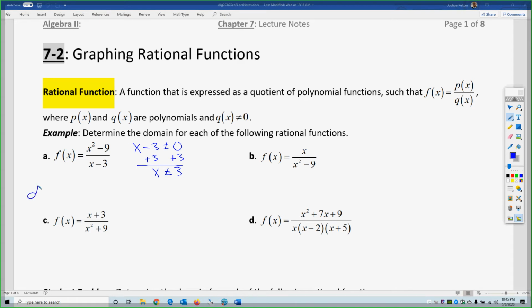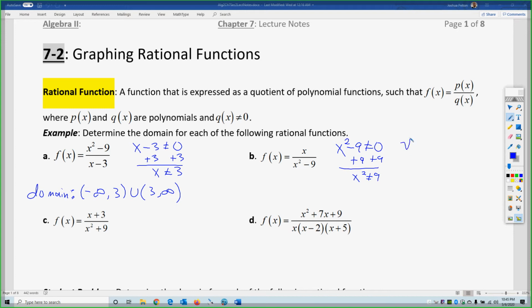So my domain is all values of x except for 3. So it's least to greatest, negative infinity to 3, union 3 to infinity. So all real numbers except for 3. Okay, next one. x squared minus 9 cannot be 0. So if I add 9, x squared cannot be 9.